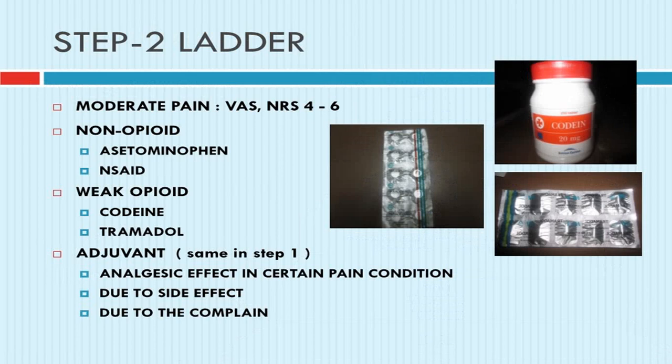This is step 2, where in moderate pain, non-opioids, that is paracetamol and NSAIDs, if not controlled, codeine, tramadol, and along with that, you can use adjuvant therapy. If you can't use these drugs, you use adjuvant therapy.